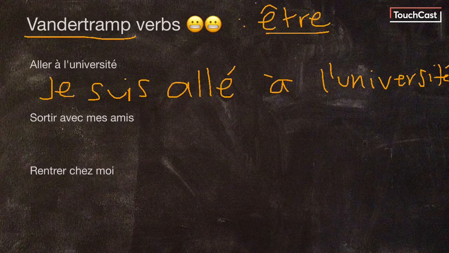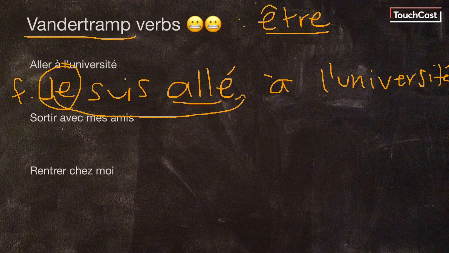Now, something that is special about only être verbs, so only these Vandertramp verbs, is that they have to agree in number and gender with the subject. So this is our subject, je. So now if I'm talking about myself, I identify as a female subject. So if I'm talking about myself, I went to the university, I have to make this participle agree with je.